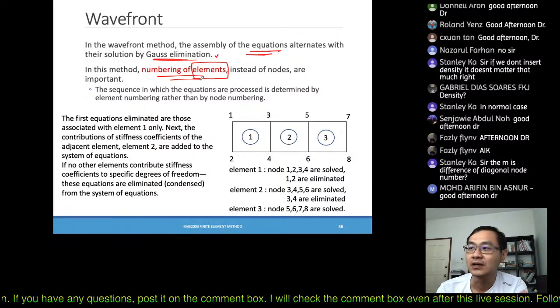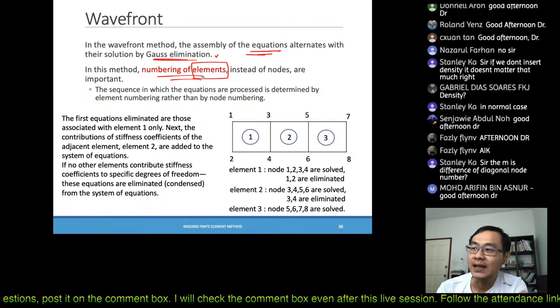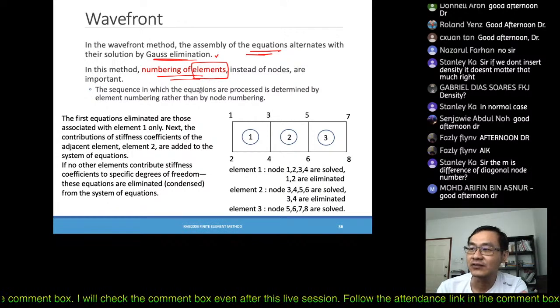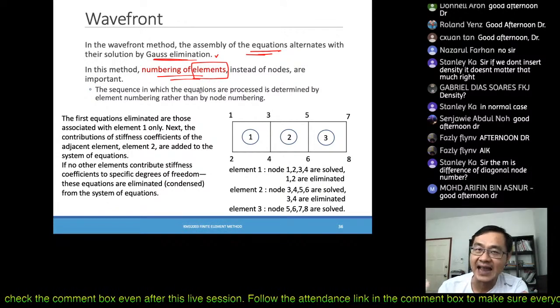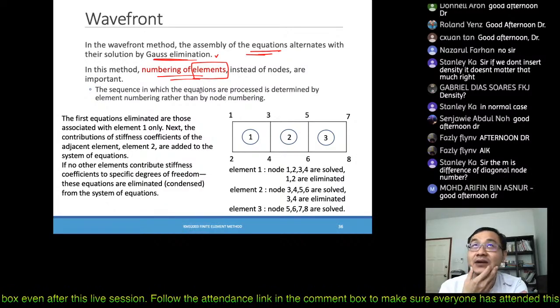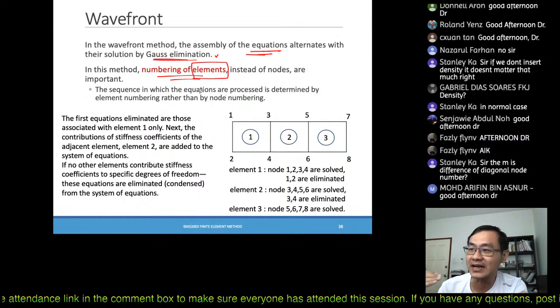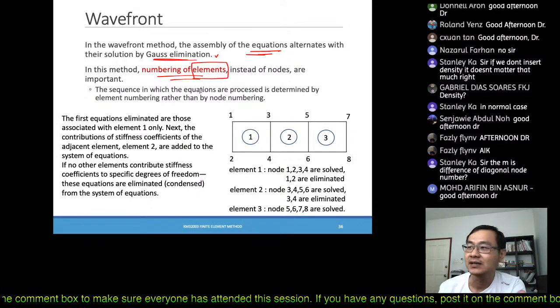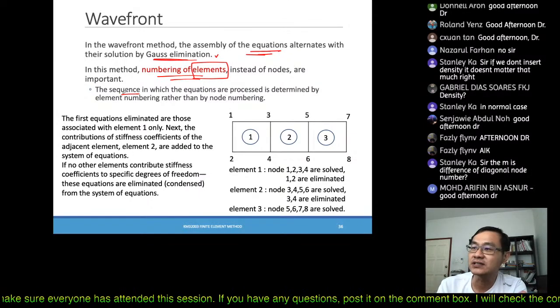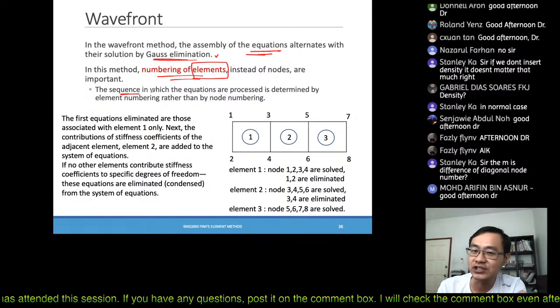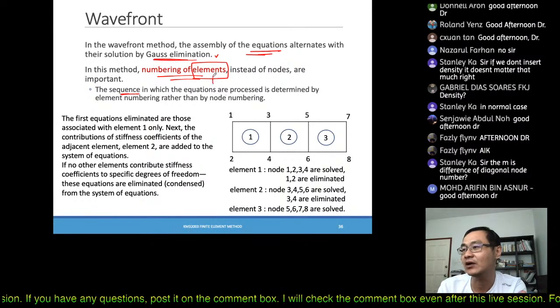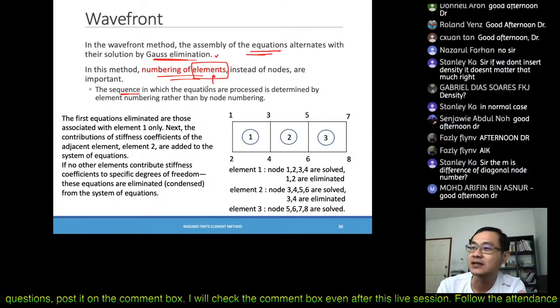So when we group them, they are arranged by elements, and they will solve according to the element numbers. Therefore the sequence of operations depends on the numbering of elements.